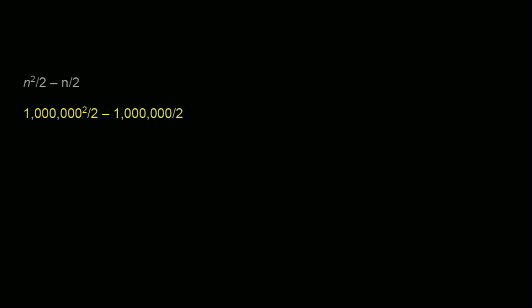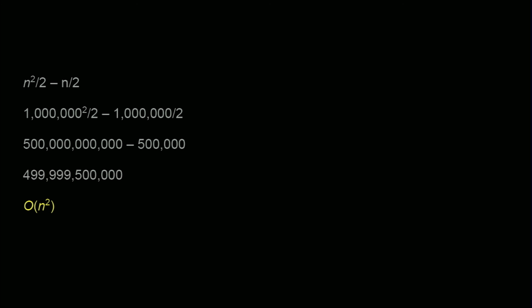What does this actually sum to? Well, 1 million squared divided by 2 minus 1 million divided by 2 happens to be 500 billion minus 500,000, which of course is 499,999,500,000. Now, I dare say that is pretty darn close to big O of n squared.